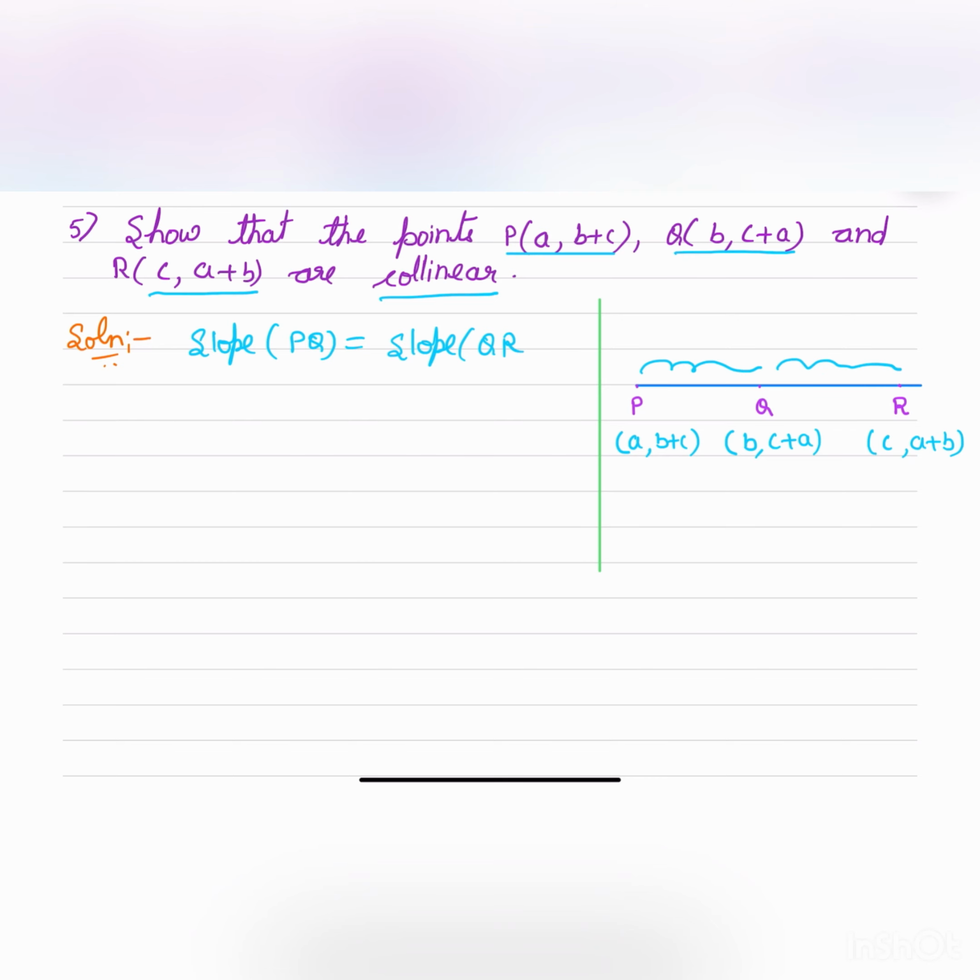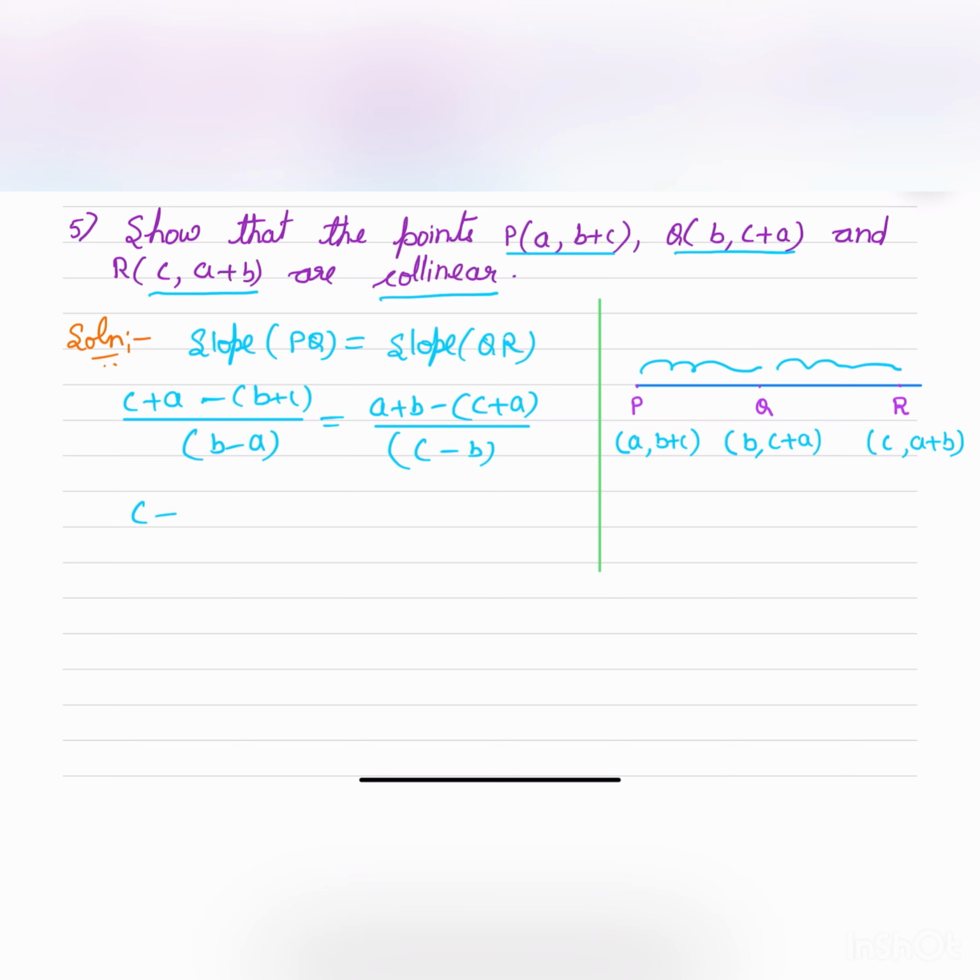Slope of PQ, if you do, we will get y2, c plus a, minus y1, b plus c, divided by b minus a, that is x2 minus x1, is equal to slope of QR. Slope of QR will be equal to a plus b minus (c plus a) divided by c minus b.